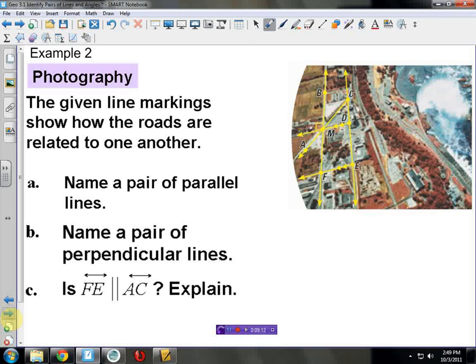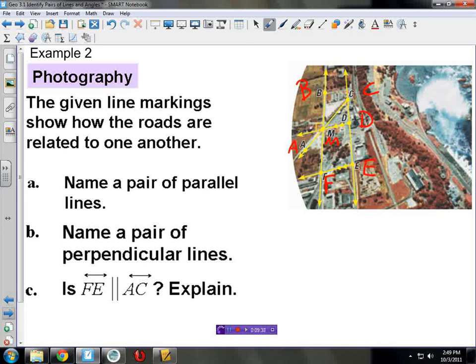Okay, so some parallel lines. And here maybe I can, all right, oh, that doesn't really show up very well, does it? Can you guys see that all right? BMA. Maybe that helps a little bit. All right, so we want to come up with some parallel lines.